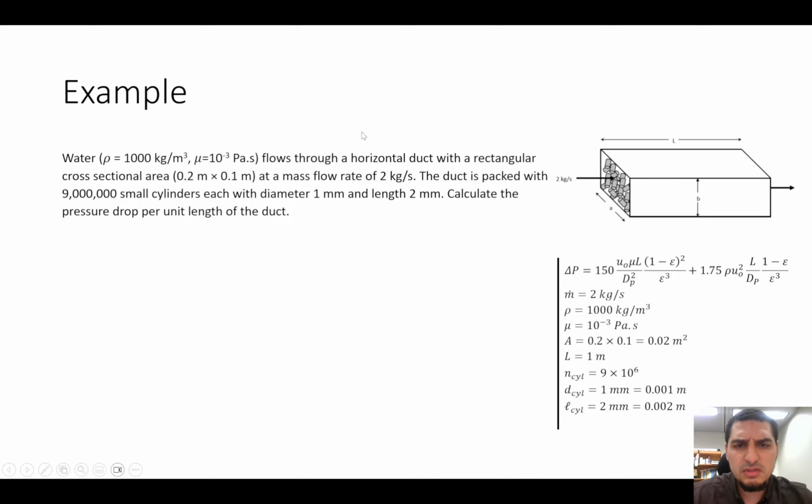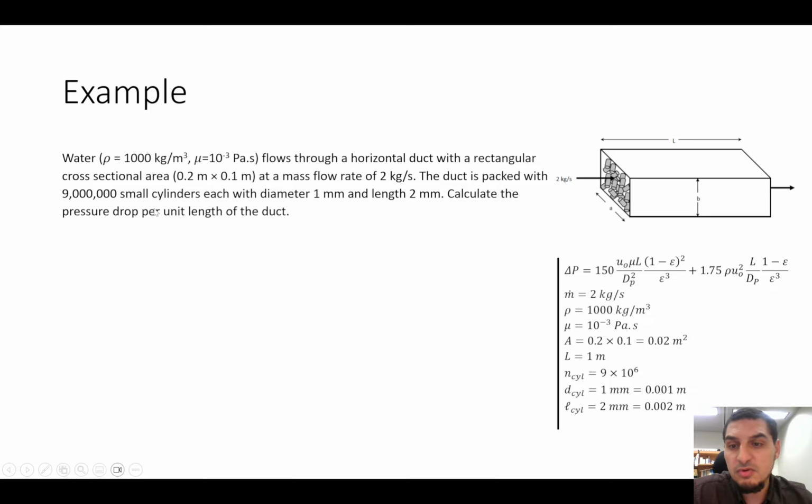that flows through a horizontal duct that has a rectangular cross-sectional area as we see here. The area is 0.2 times 0.1 meter square, and the mass flow rate is 2 kilograms per second, and the duct is packed with 9 million small cylinders.